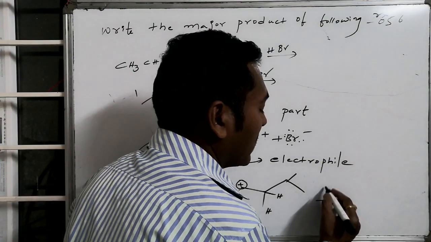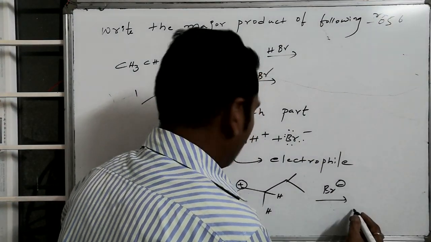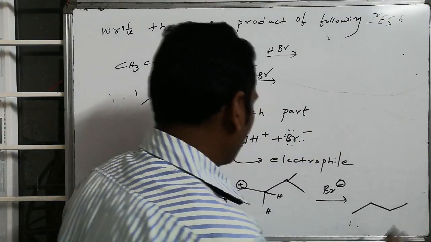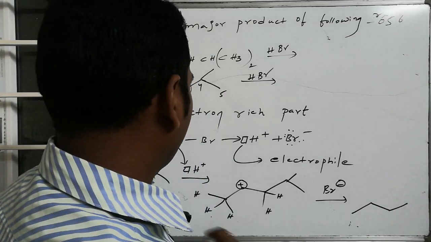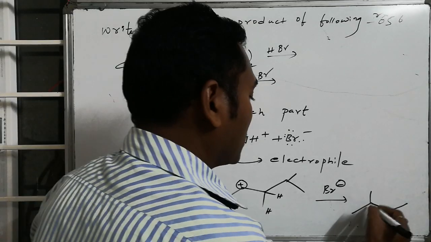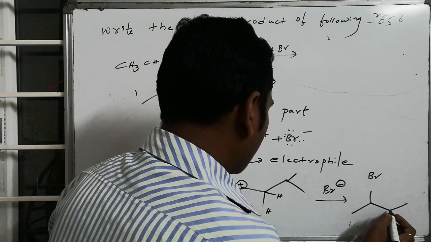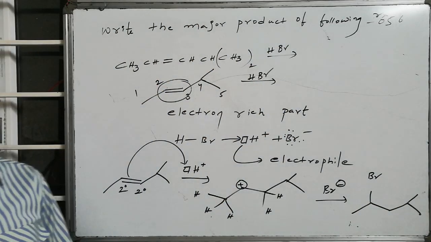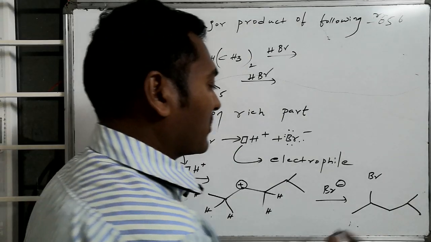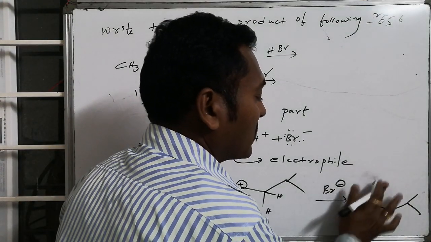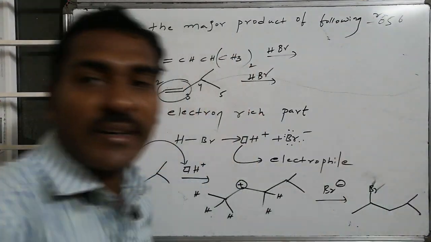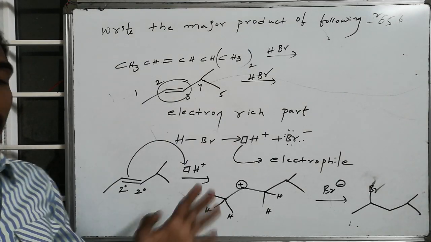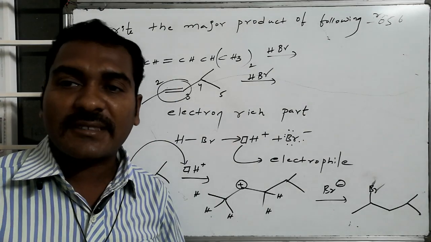On this, our nucleophile, Br minus, makes an attack. As a result, on the carbon here is bromine, followed by this CH, and here the tertiary carbon is present. Like this, product formation takes place. This will be Br, so write Br very near to this to identify it easily. There, only one carbocation formation takes place.